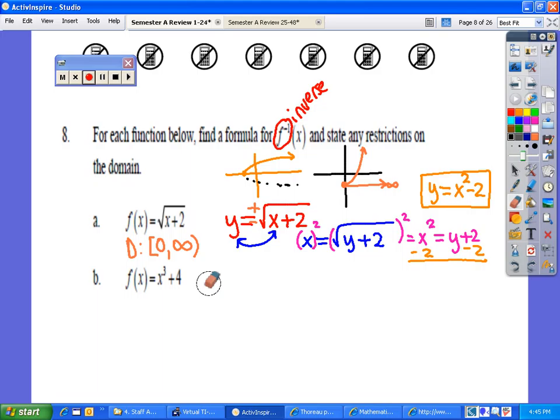All right, so the first thing you want to do is change your f of x to y. Then you want to switch the x and the y, only the variables, not anything else. And then solve for y by subtracting 4 on both sides.